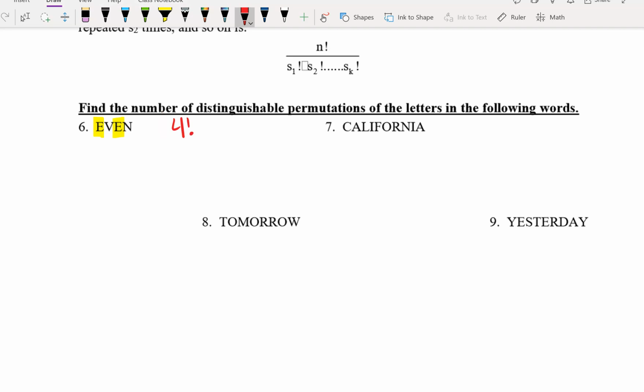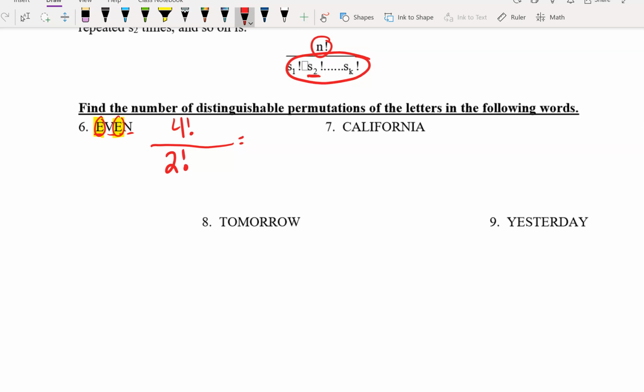So what we do is 4 factorial, because there's 4 letters in here. That's what this on top is. And then we divide by the factorial of the number of times each letter is repeated. So we have E repeated twice, and we do that factorial. That's the only letter that's repeated, so that's the only thing I need to put on the bottom. If there are multiple letters that are repeating, that's where s sub 2 and s sub k and all that comes in.